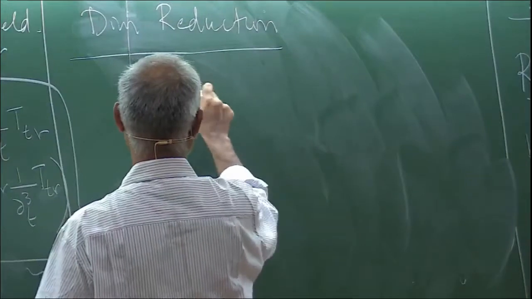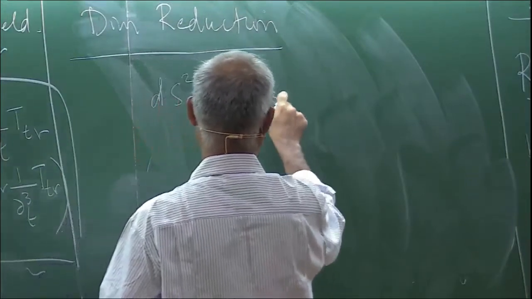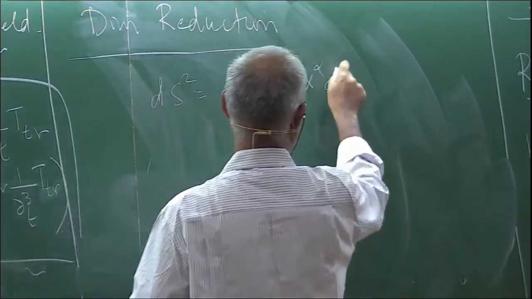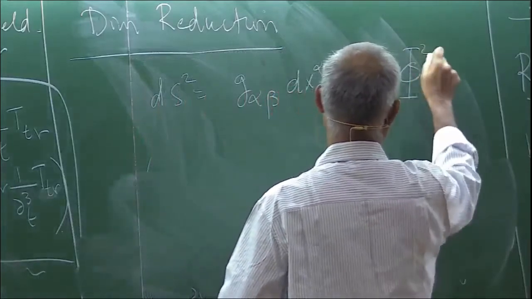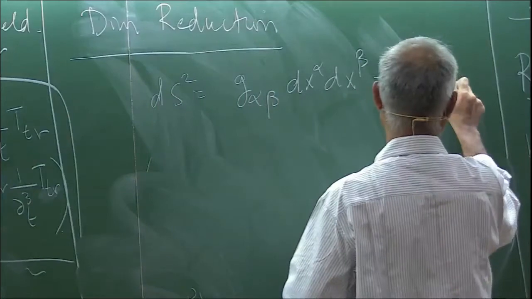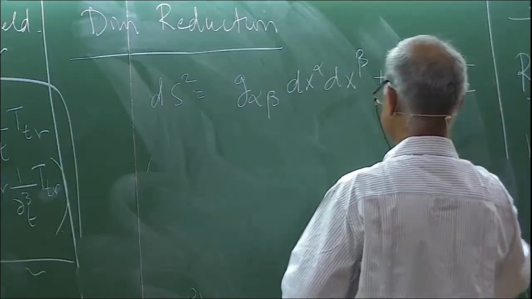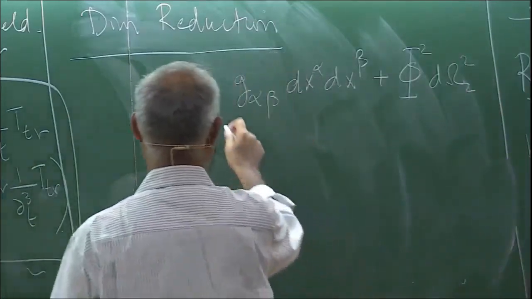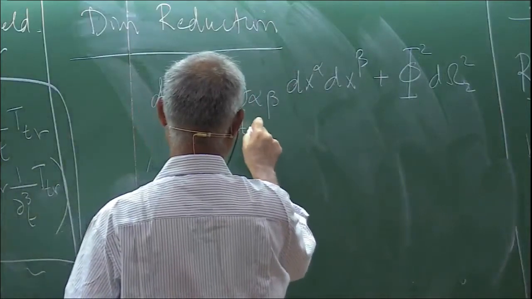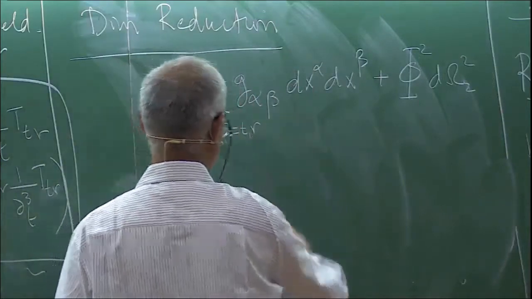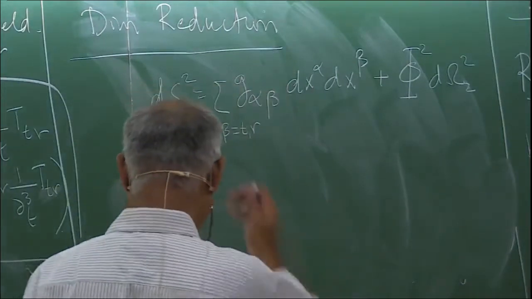So let me use this notation. Phi square is just the radius of the two sphere. Okay, and x and alpha and beta go over time and r, if you like. Okay, so that's why we plug it in.